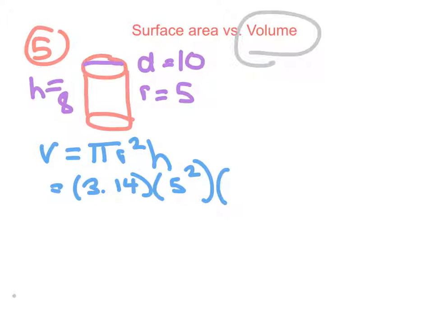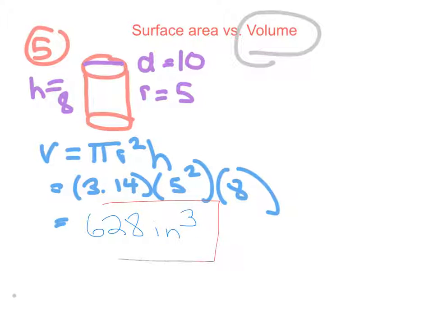And then finally our height is going to be 8. So when I multiply all of these numbers together, 3.14, 5 to the second, which is 25, and 8, we should have an answer of 628 cubic inches. It's very important to put that exponent of 3 to the right side of your inches.